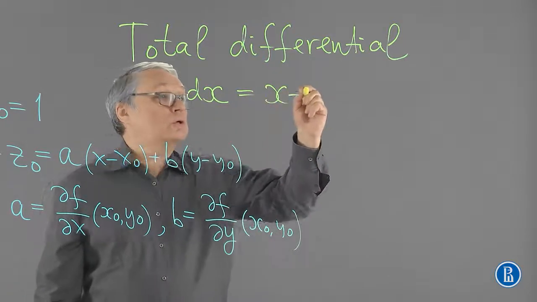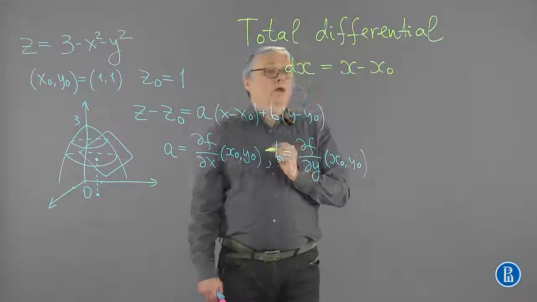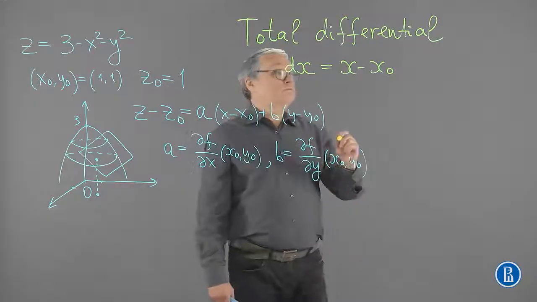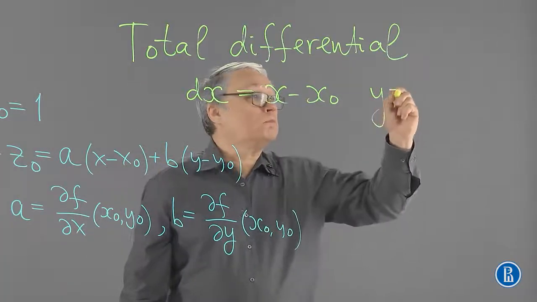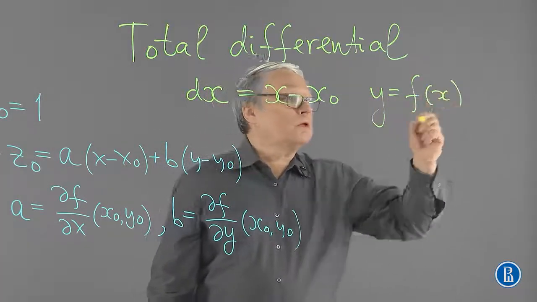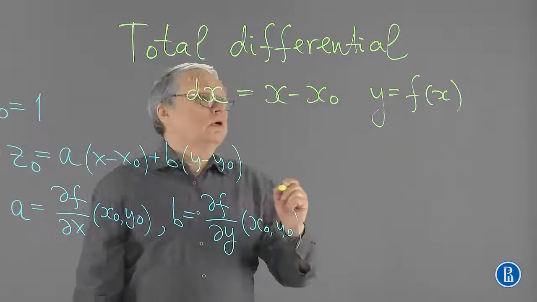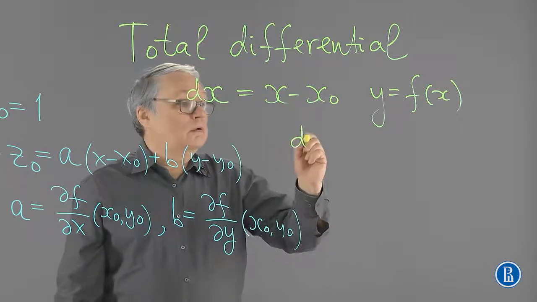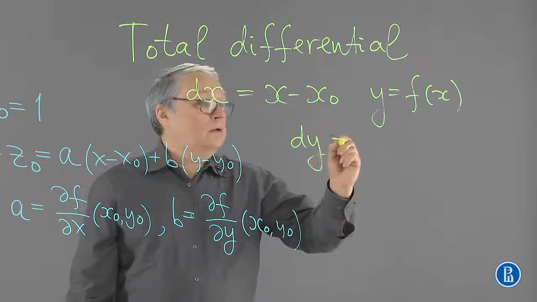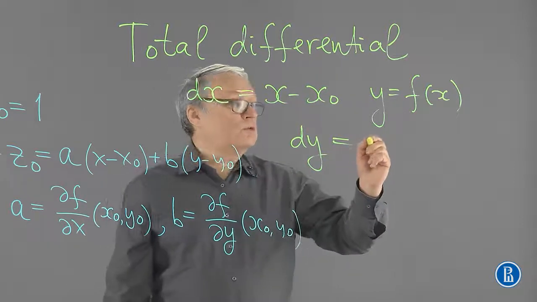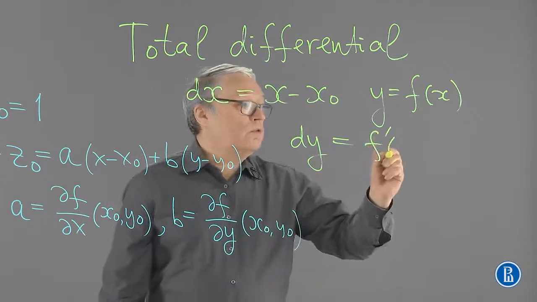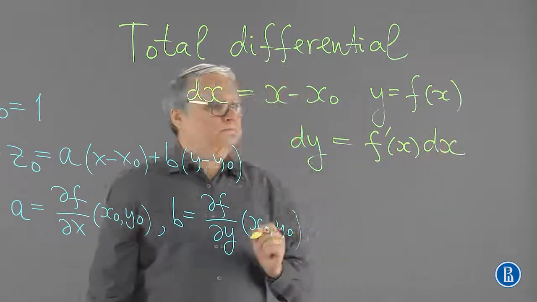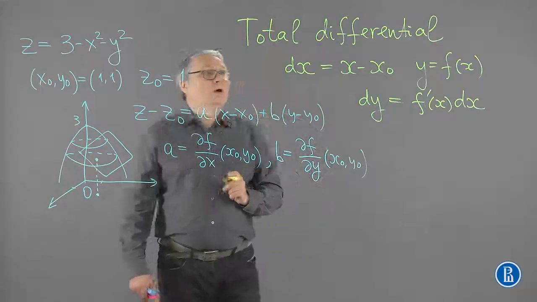That's the definition, x minus x0. Given a function of one variable only, its dependent variable y also has a differential, dy. dy, by definition, is the product of the derivative by the differential dx.